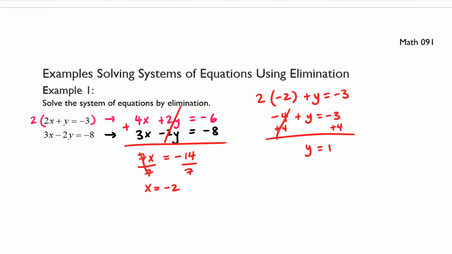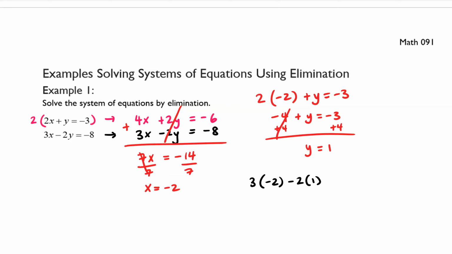Now, I'm going to plug both of these x and y values into the second equation just to double check that I'm doing this correctly. So I have 3 times -2 minus 2 times 1. And if I do this correctly, my answer should be -8.